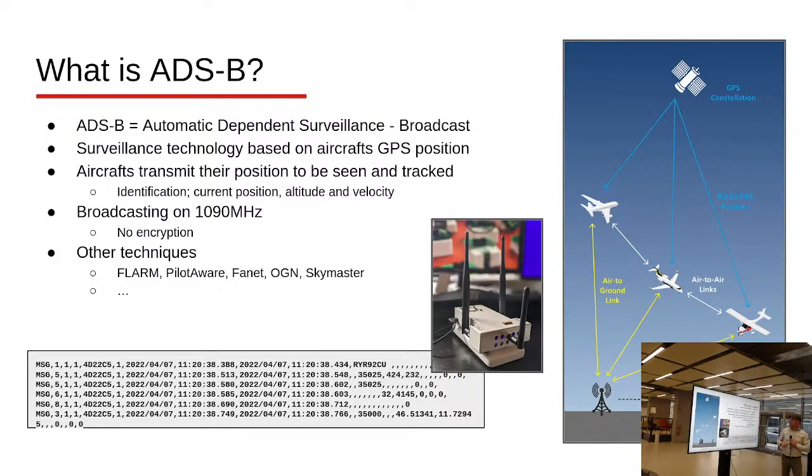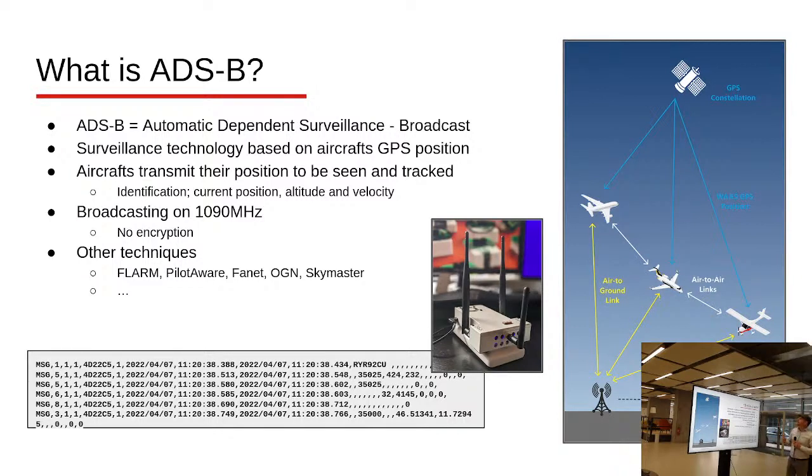So you have TCAS on the plane, and it's basically a surveillance technology based on GPS or Galileo, whatever. The position the airplane has is broadcasted to the ground, but also to the other planes, in order that they can see where you are.